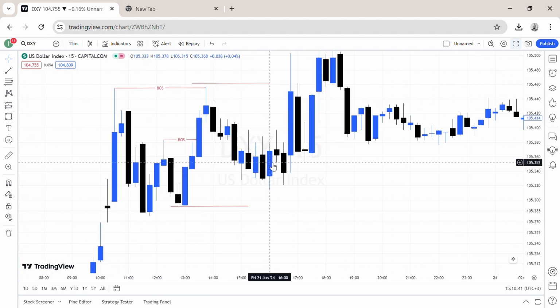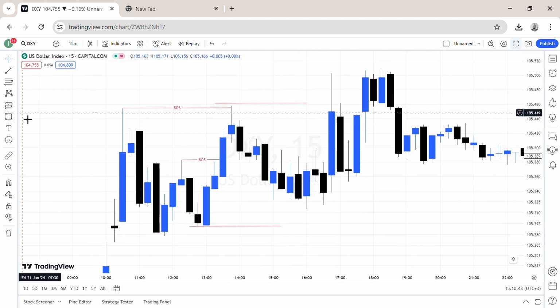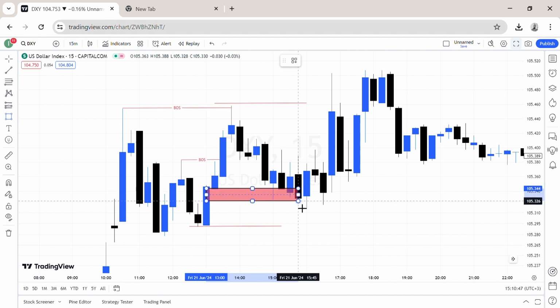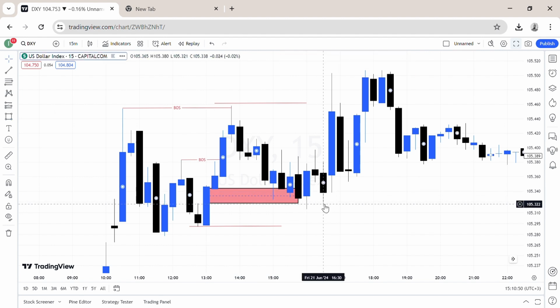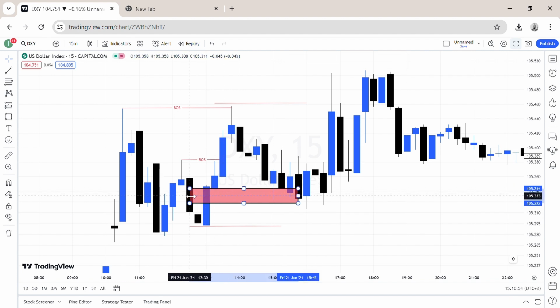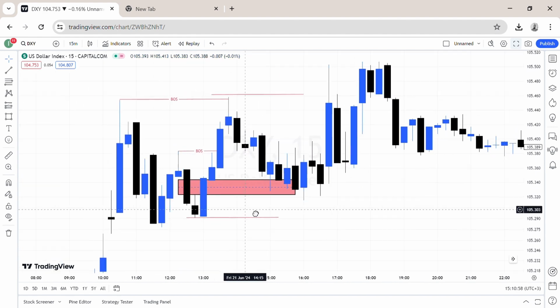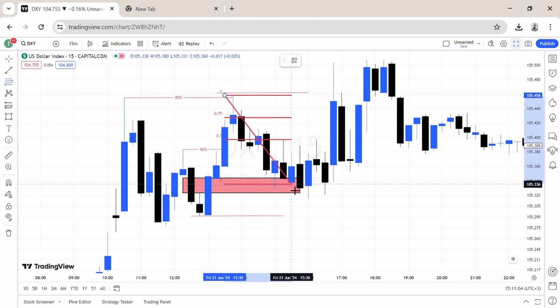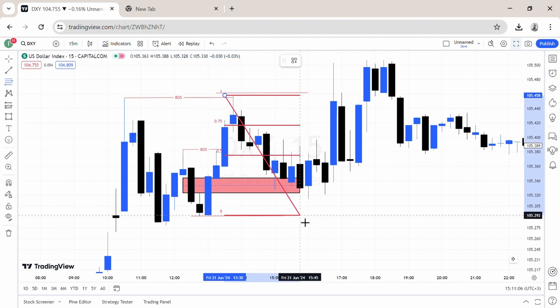The discount of that swing is this fair value gap, this fair value gap. That fair value gap overlapping with another fair value gap increases our confluence, and this order block as well. And if we can confirm that, we put our retracement tool to that high, to this low.